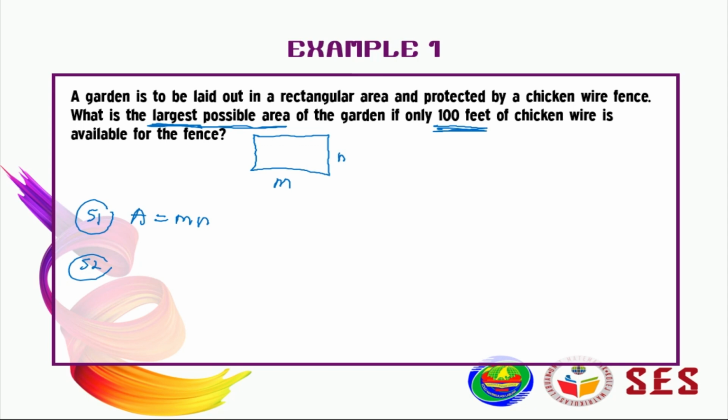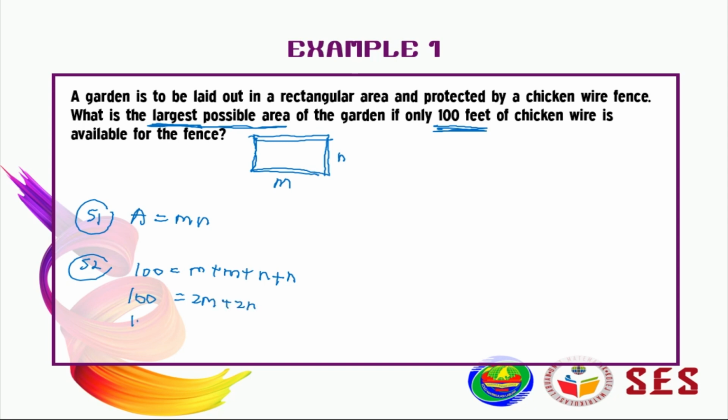So you have 100 equal to m plus n plus m plus n. So you have 100 equal to 2m plus 2n.